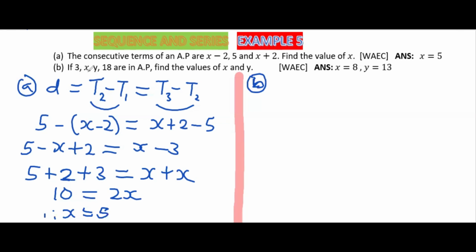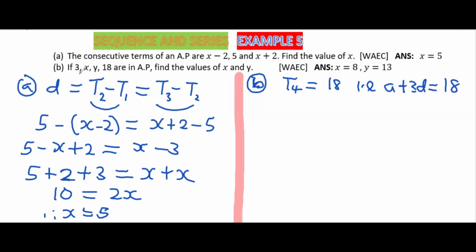So from that, we can say, since our T4 is 18, T4 equals to 18, given. And the formula for T4, if you remember from our previous examples, is A plus 3D. That is, A plus 3D equals to 18.